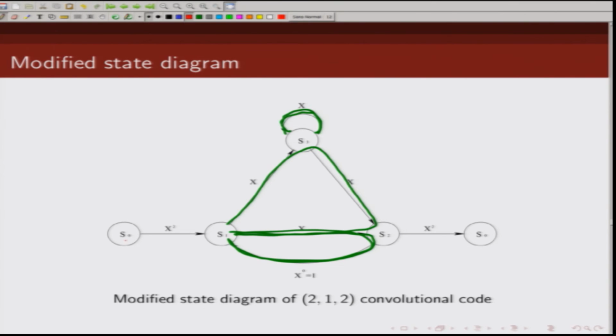A path from the initial state to the final state without going over any state twice. So, one forward path is this. What about another forward path? The other forward path is this.